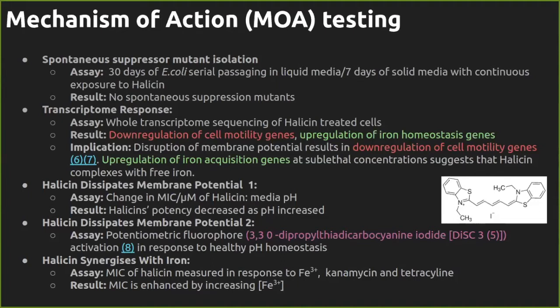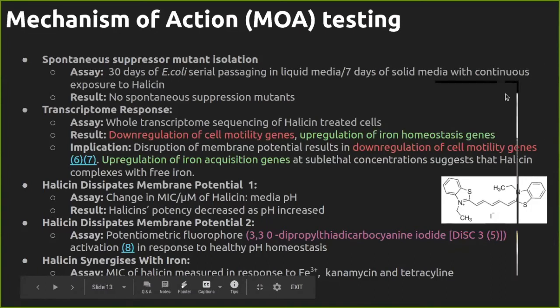And they found in both experiments there were no spontaneous suppression mutants, which on the negative side means that they were no closer to finding out how this thing works, but on the positive side, it sort of backs up their previous finding that resistance evolution to this antibiotic is pretty rare.